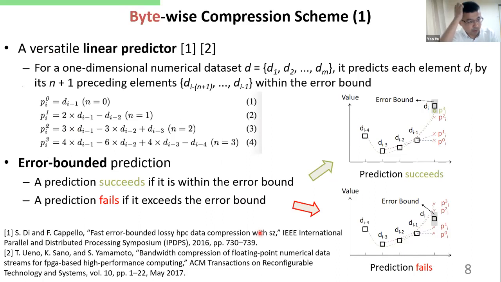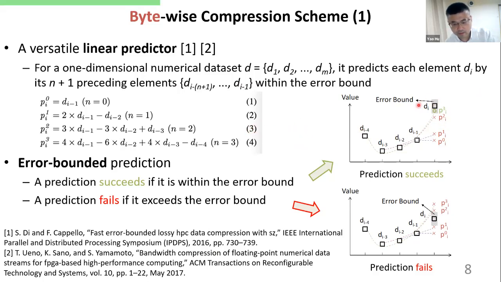First, I will introduce the bytewise compression scheme. As mentioned earlier, it uses a versatile linear predictor, like in some famous works. In this case, we can predict the data by its preceding elements within the error bound. In this figure, we can see that we can get different predictions by using these formulations.